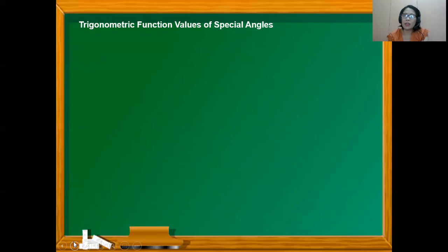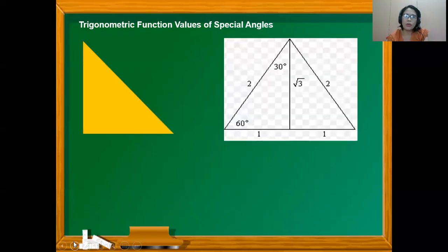Because we can calculate the exact trigonometric function values for these special angles, and we can make use of them in evaluating the trigonometric function values of non-acute angles, particularly obtuse angles. So we're going to make use of these triangles to evaluate the trigonometric function values of special angles 30, 45, and 60.